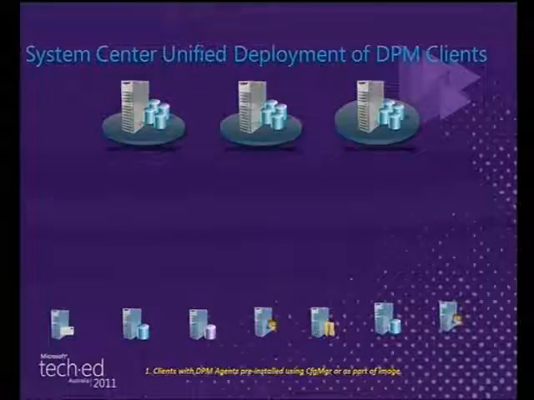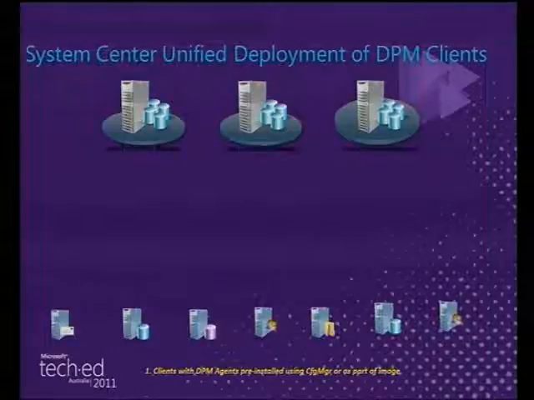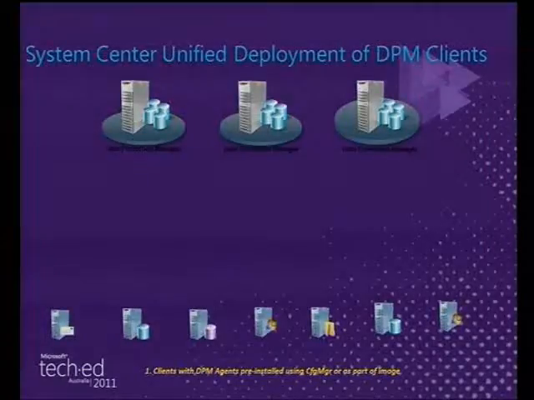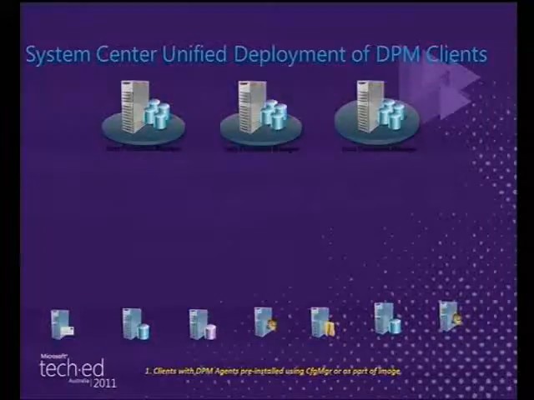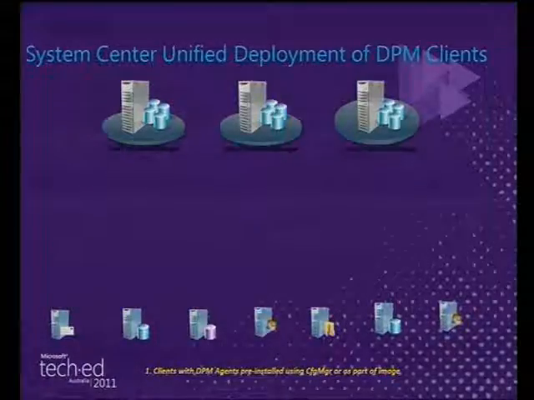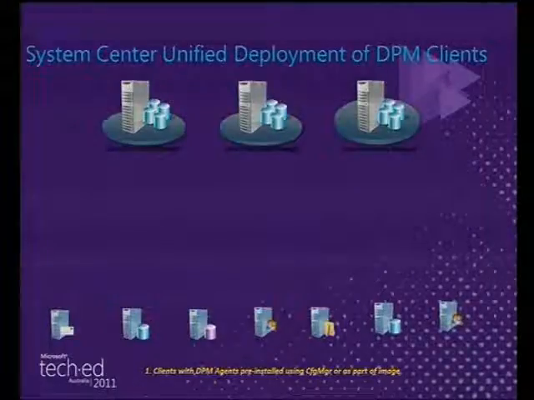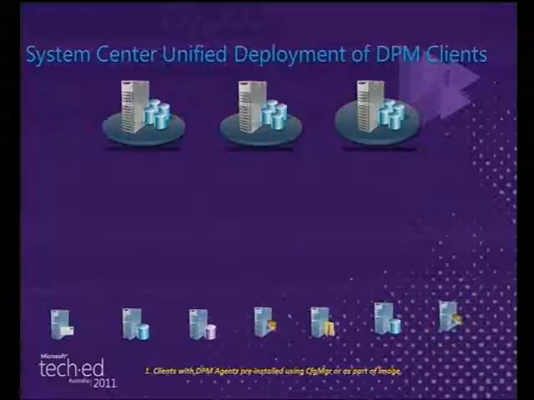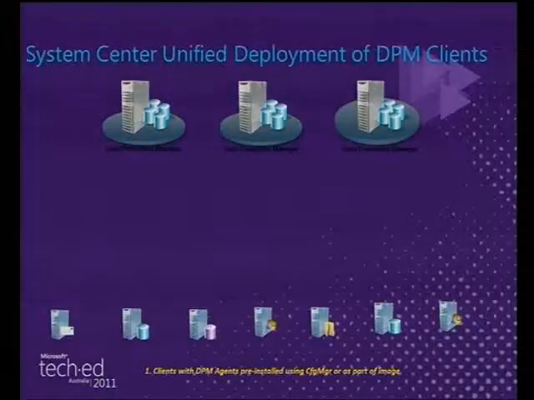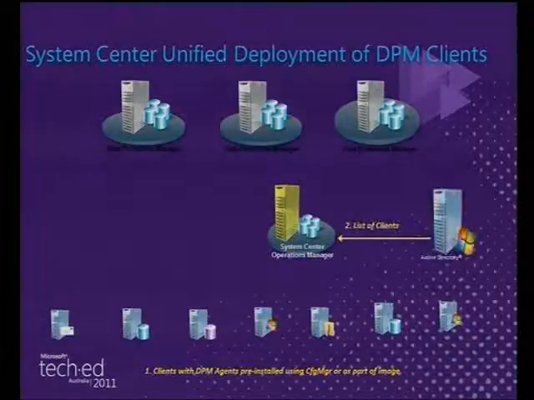The best way of doing this in a private cloud situation is to just include them with your server build. It's important to note that it's only when the agent is connected to a DPM server that it requires a license. So you can have the agent software on there doing nothing and you don't have to worry about it. When you're doing your private cloud deployment of a new VM, and then that agent connects, that's when you are considering your licensing.